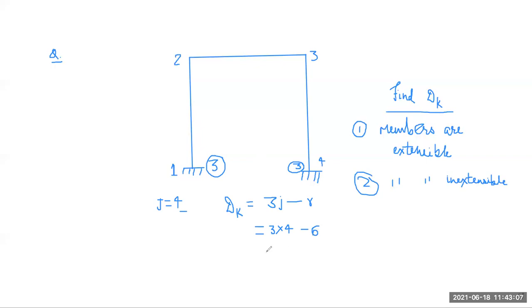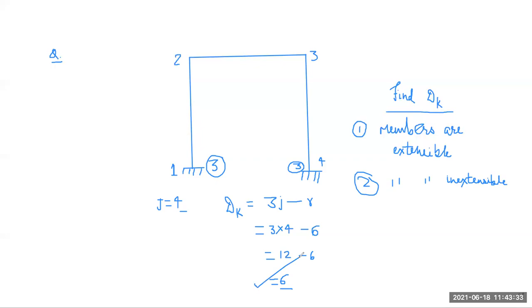R is equal to 6. That means you get 12 minus 6. So what is the Dk value? Value is 6. Is it the right answer? Your answer is right. So Dk is equal to 6.